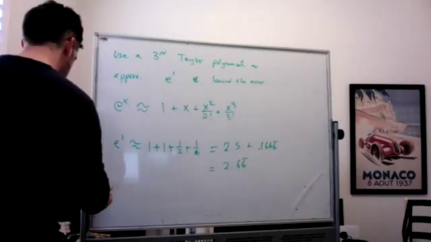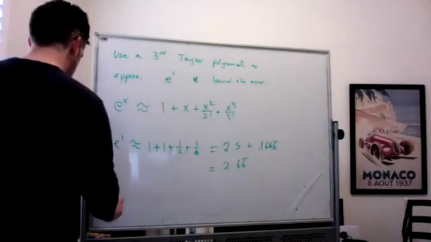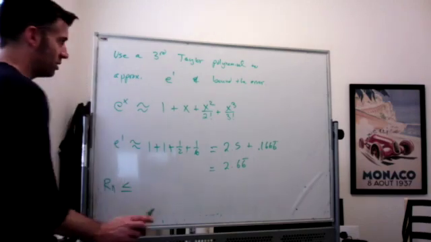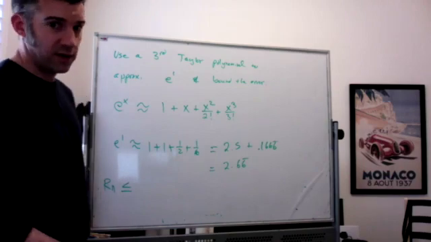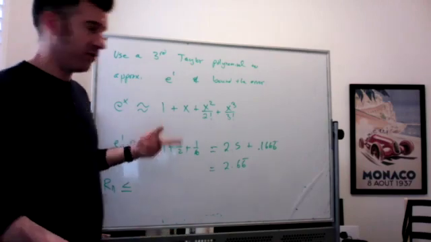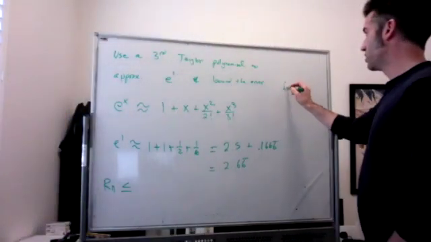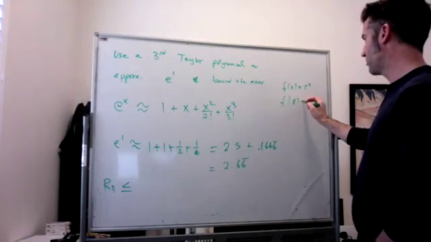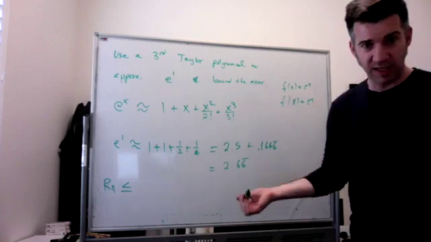So the error, R n, is less than or equal to the n plus 1 derivative. Nice thing about e is it's always its own derivative. So the function is e to the x. The first derivative is e to the x. The fourth derivative is e to the x.